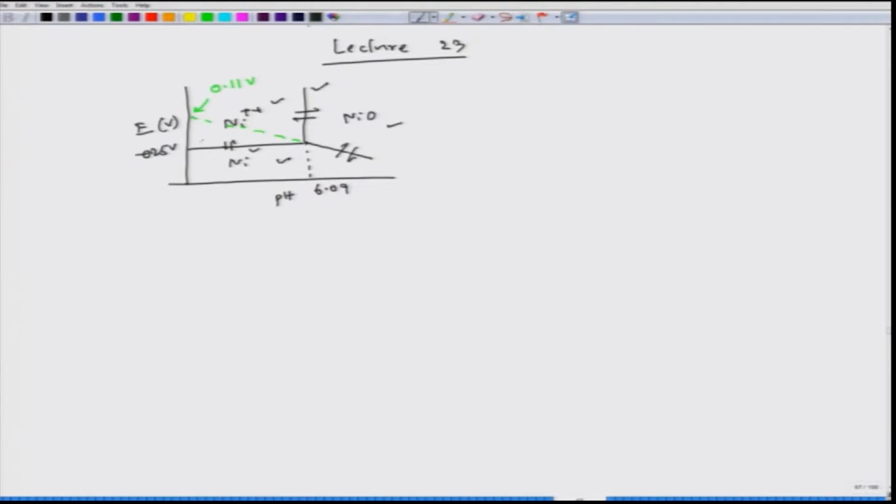As we have seen, this was drawn when nickel ion concentration was 1, that is Ni plus plus activity equal to 1. Then only we could get 0.25 volt, and we could see that if we change the activity of nickel plus plus from 1 to 10 to the minus 1, 10 to the minus 2 like that, this line would go down.